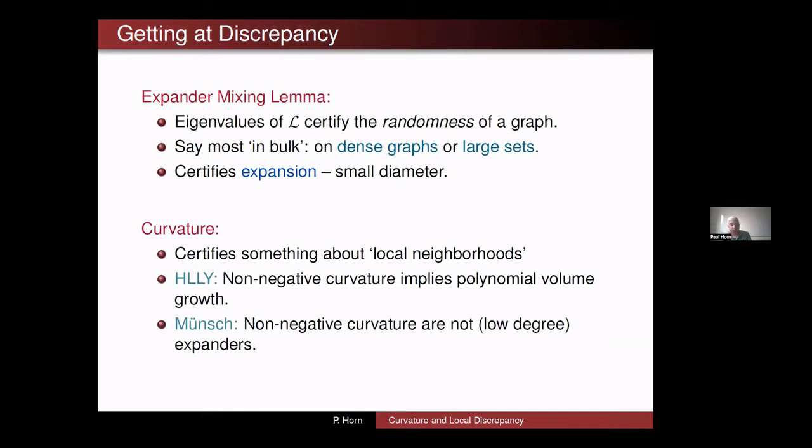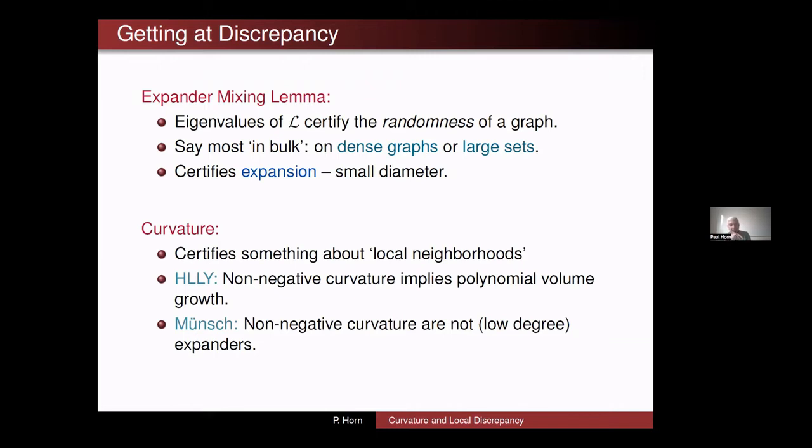Curvature says something a little bit different. On its head, it's certifying something about local neighborhoods. It's looking just at distance to neighborhoods. And actually, it's saying something about the opposite of expansion.